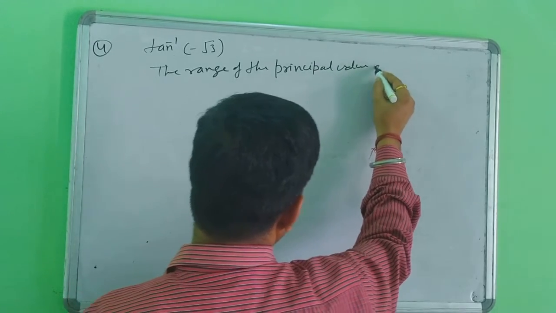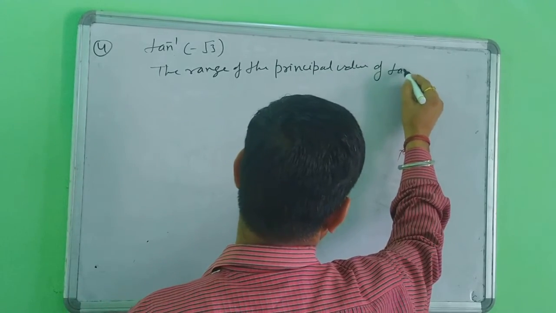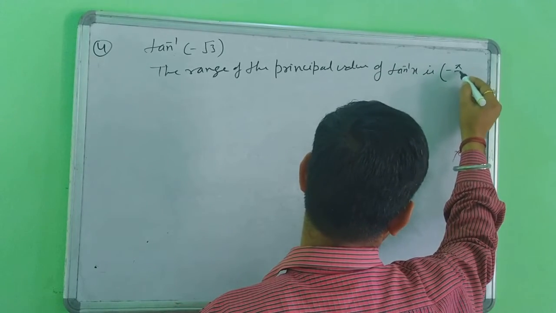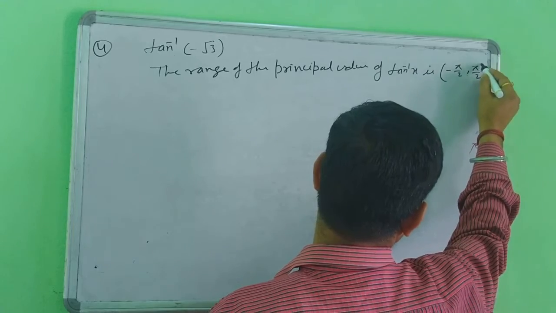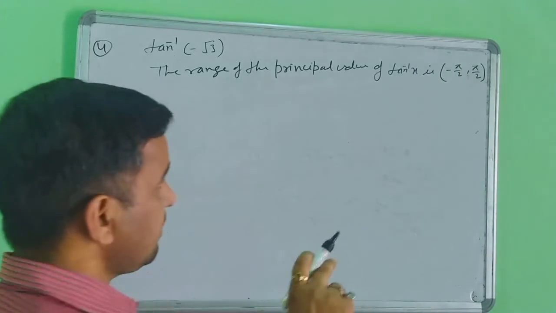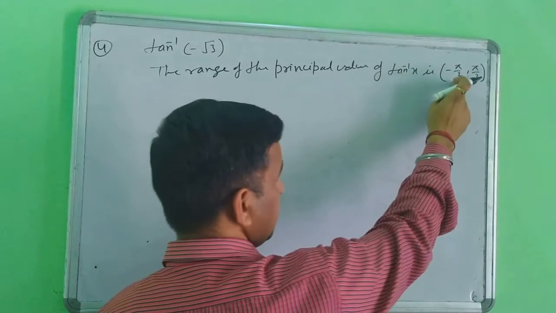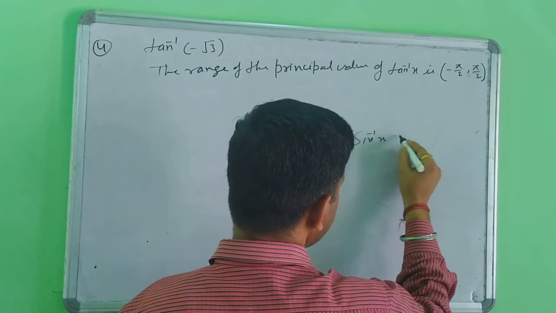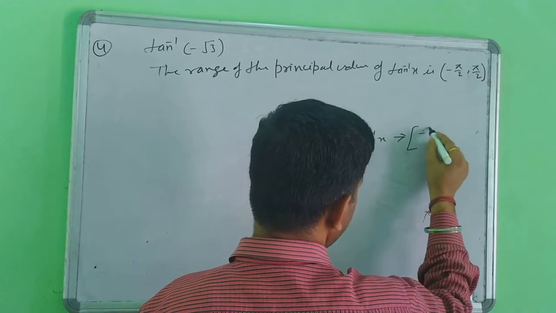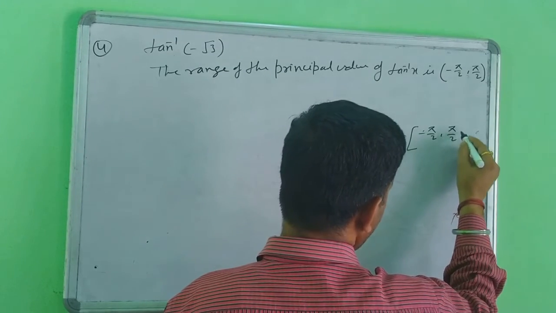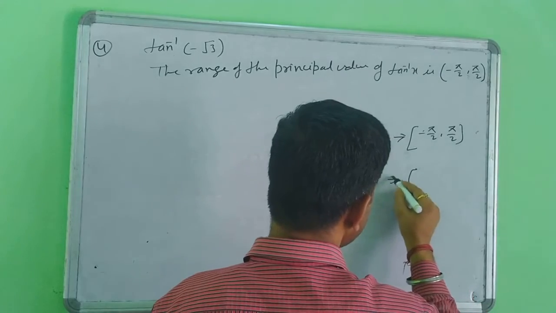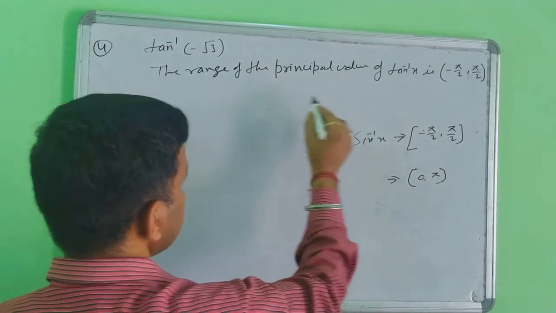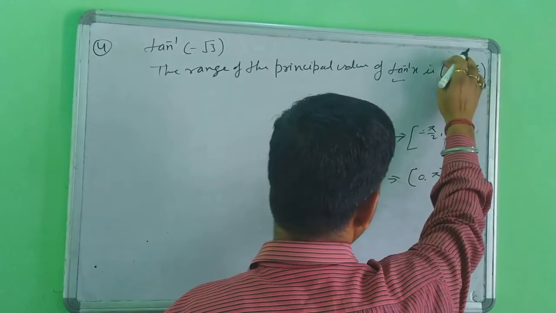of the principal value of tan inverse x, which is minus pi by 2 to plus pi by 2. But sine inverse x has the same range in a closed interval, and cos inverse has the range 0 to pi in a closed interval, but tan inverse has the range in an open interval.